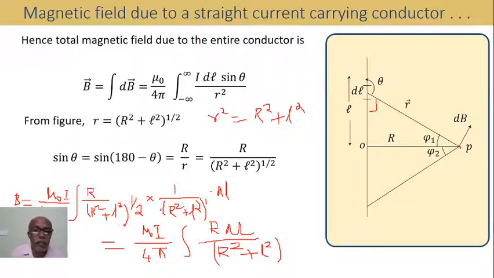This is half plus 1, and that will be equal to 3 by 2. Half plus 1 will be 3 by 2. This is the expression for magnetic field, not yet integrated between the limits minus infinity to plus infinity.